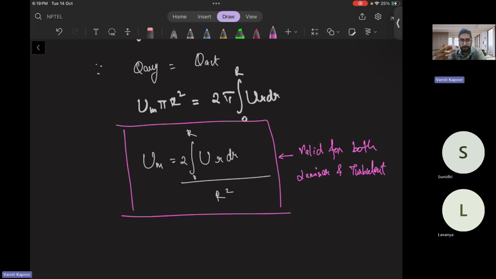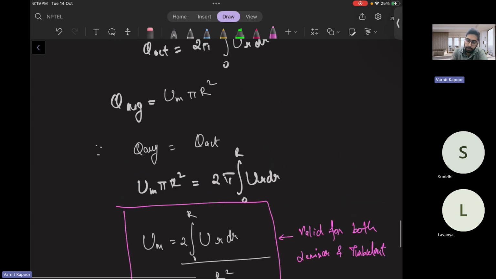Because what is momentum? Mass into velocity, so velocities are not the same here. Here discharges are equal, and u mean is not equal to u. Make sure that it is not equal to u, although discharge will always be equal. It's just a mathematical hypothesis we are doing.